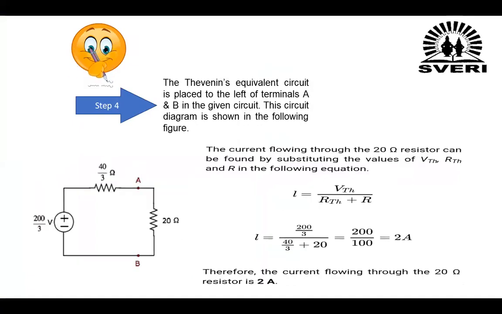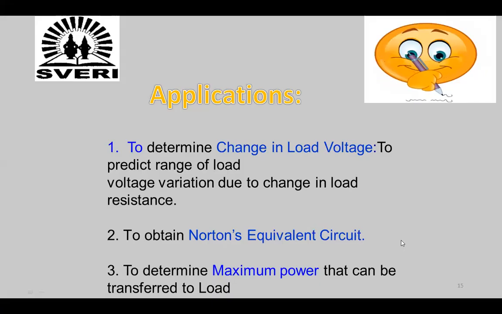We got the answer 2 ampere, that is shown here. So last point, applications. What is the use of Thevenin's theorem? The first application is to determine the change in load voltage, to predict the range of load voltage variation due to change in load resistance. This theorem is mainly applicable for transferring the maximum power, to determine the maximum power that can be transferred to the load.